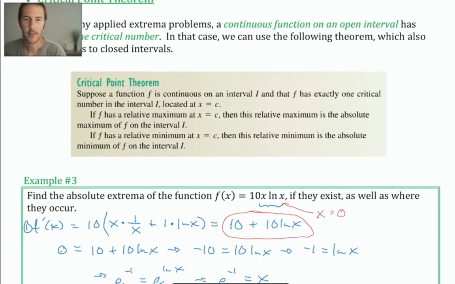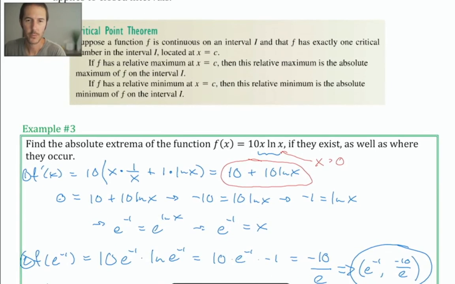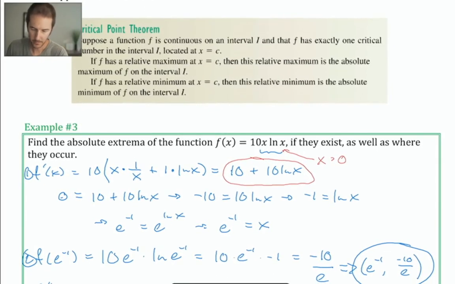We have a function that's continuous on an interval. And in fact, as long as our x values are greater than 0, our function will be continuous for all positive x values. And we had exactly one critical number, which we found by setting our first derivative equal to 0.